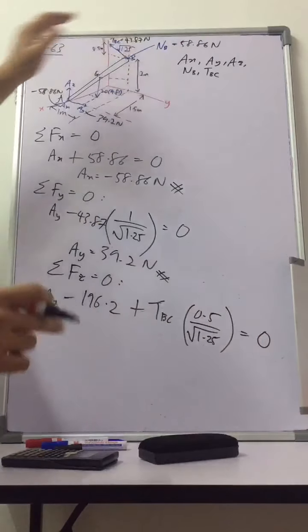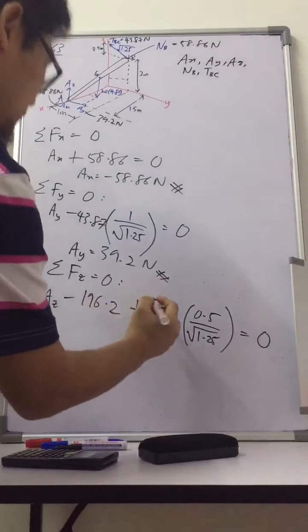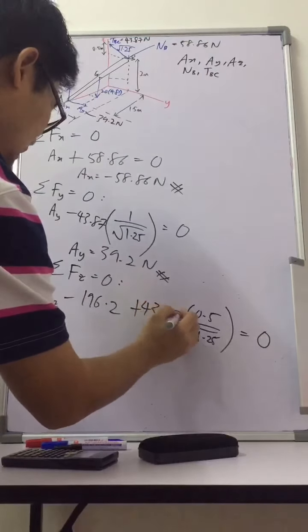Of course, we have found the TBC, 43.87.